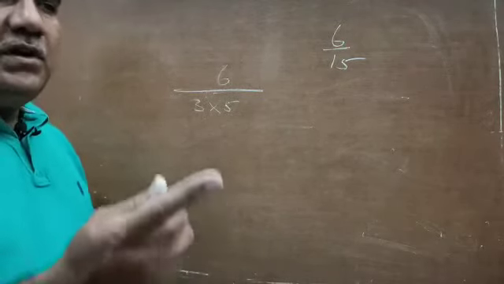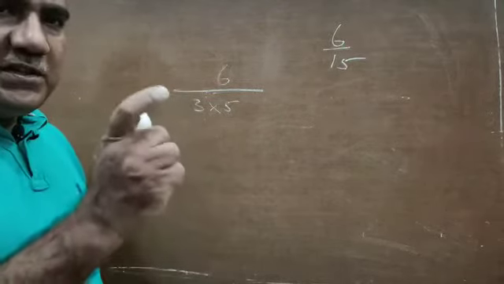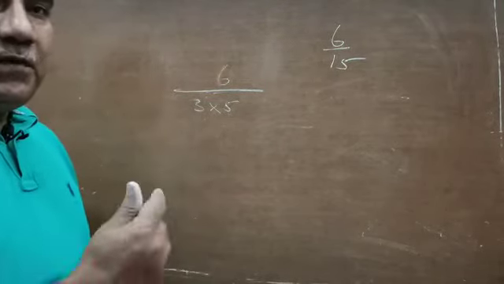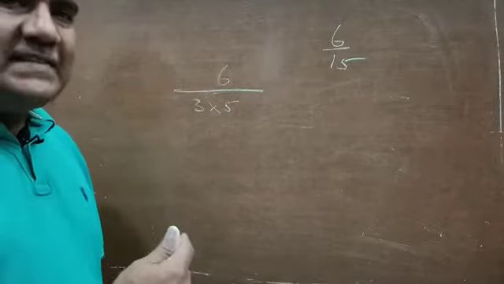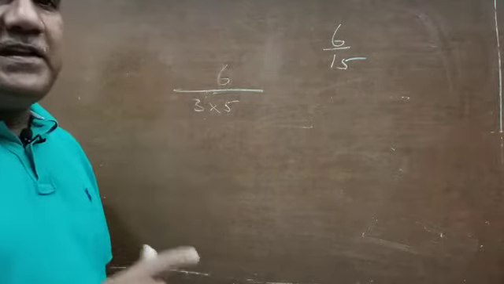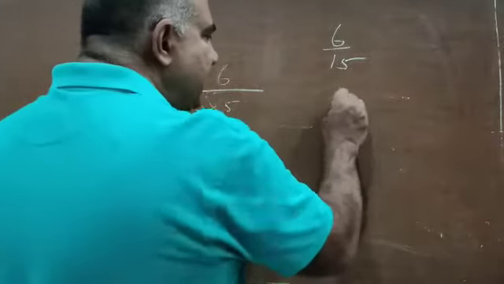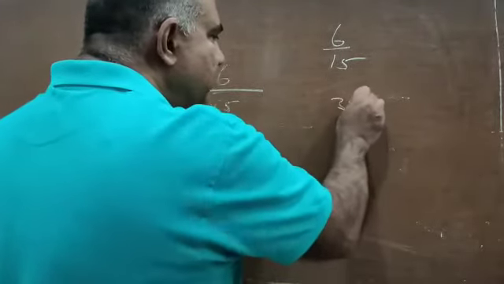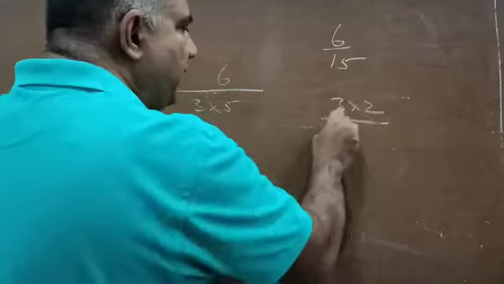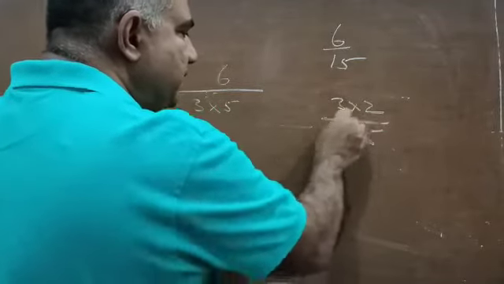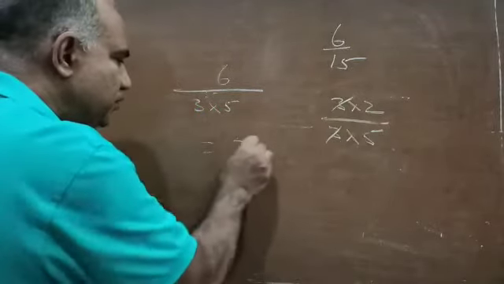But the statement of the theorem was insisting very hard on this: before looking at the nature of q, please ensure that both p and q are made co-prime. So if I write it like this, 6 as 3 into 2, and 15 as 3 into 5, the 3 gets cancelled and this becomes 2 upon 5.